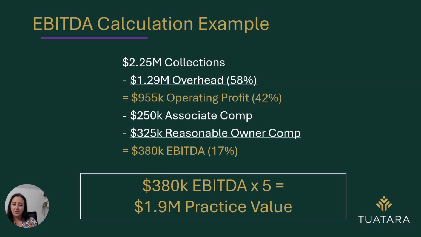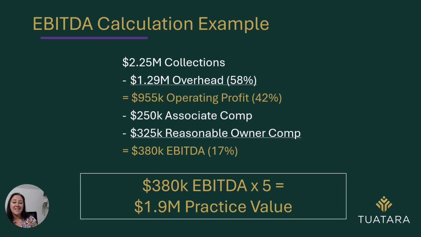Now let's talk about associate and reasonable owner comp for just a second. So you heard me say earlier that we pay associates and owners between 30 and 33% of production. Here we're also going to add in things like benefits, CE, etc., taxes, all the things that it costs to employ your associate.